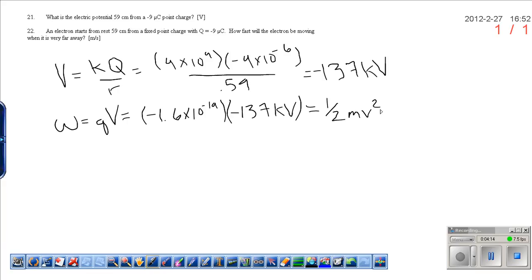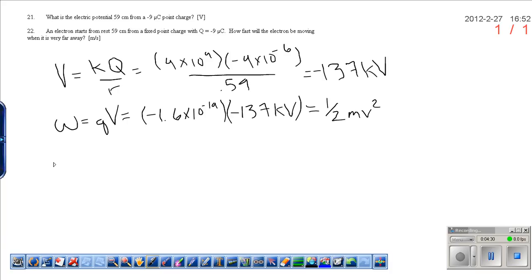So we can end up writing a general formula for the velocity that a charge will achieve. First of all, to get v by itself, we multiply qV by 2, and then divide by m, and finally take the square root to get rid of that square on v.